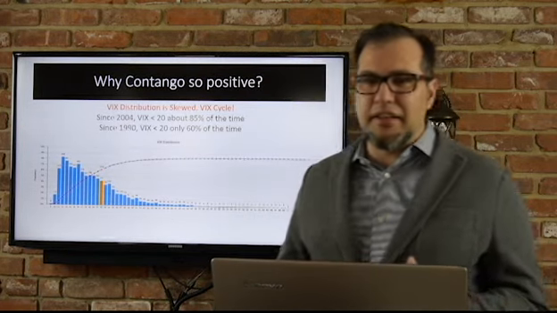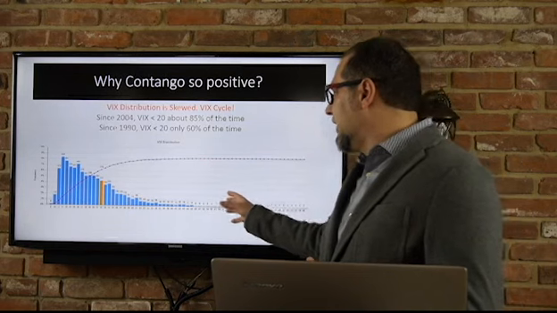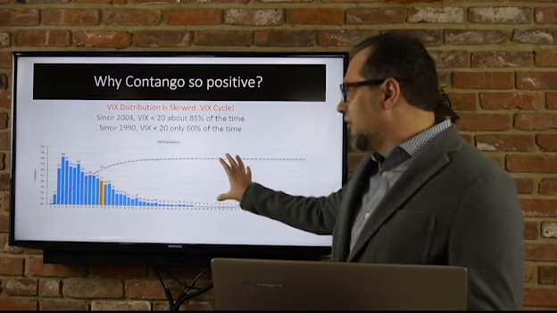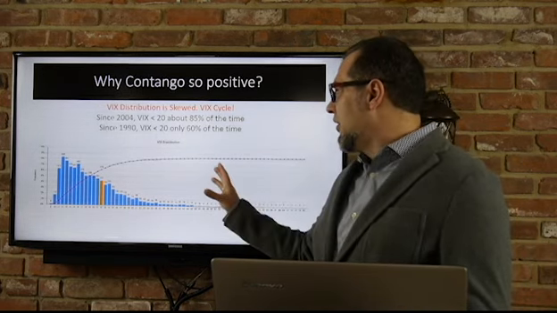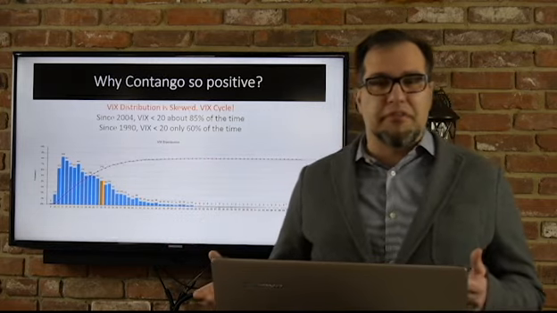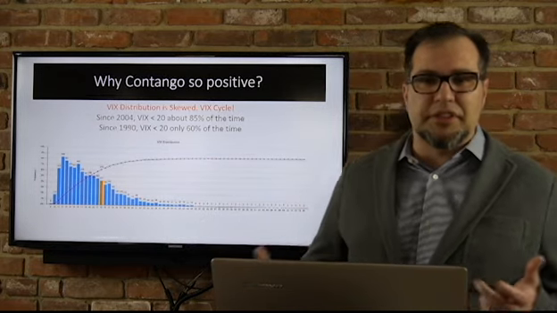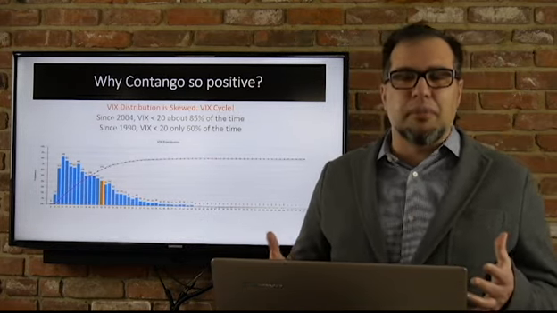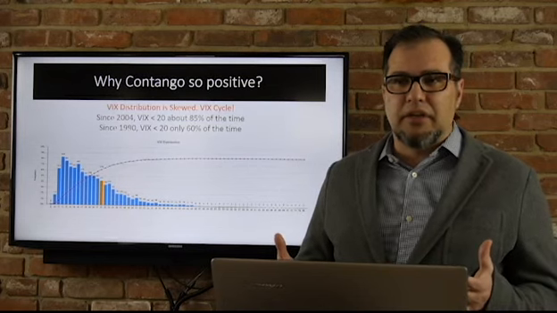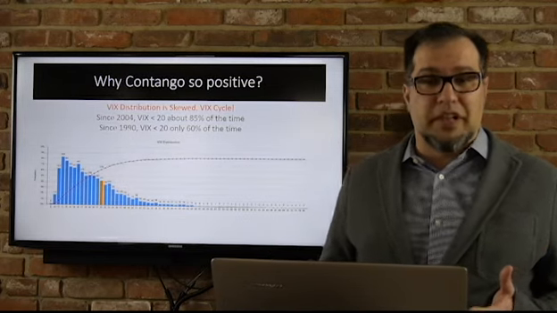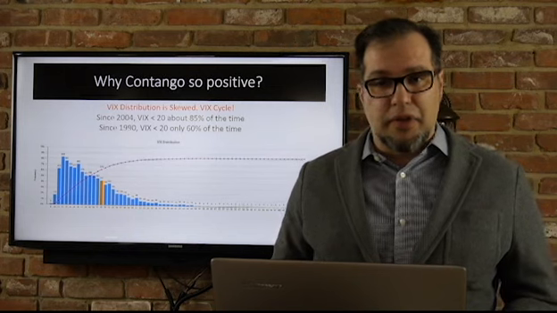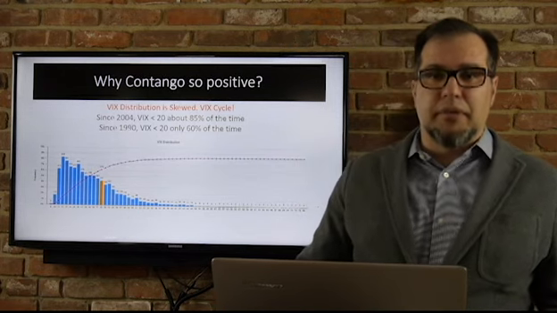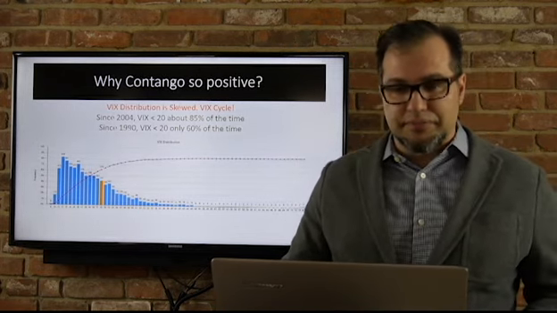Since 1990, the VIX distribution kind of still looks the same. However, the VIX is below the average, below 20, only about 60% of the time. But the general point is that the VIX futures curve is in contango the majority of the time, and that is something to keep in mind as you trade the market and as you trade the VIX.